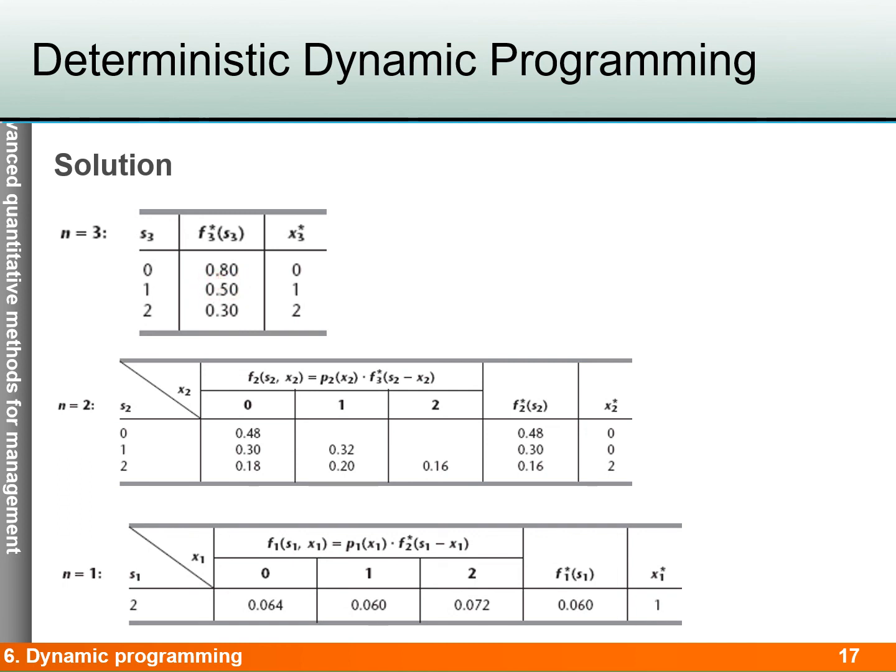So 0.5 multiplied by 0.6 gives us 0.3. The same happens here. For example, this 0.2. If there are 2 scientists available, what is the interpretation?